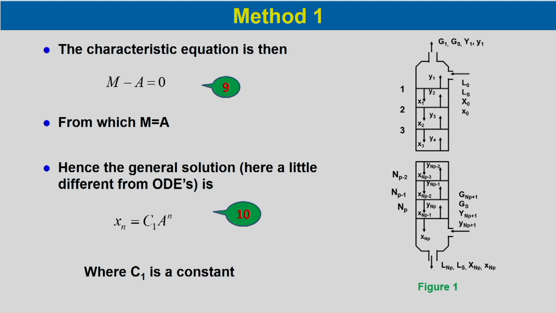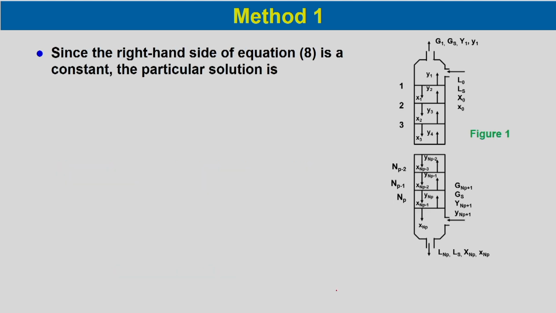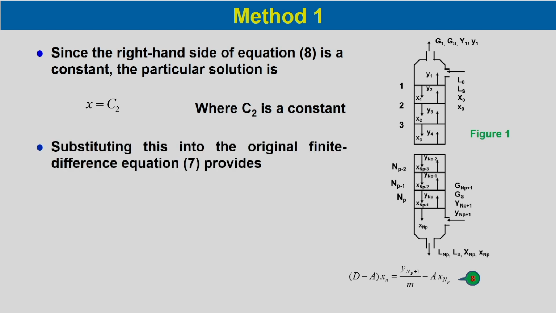Since the right hand side of equation 8 is a constant, the particular solution x would be equal to C 2, where C 2 is another constant.